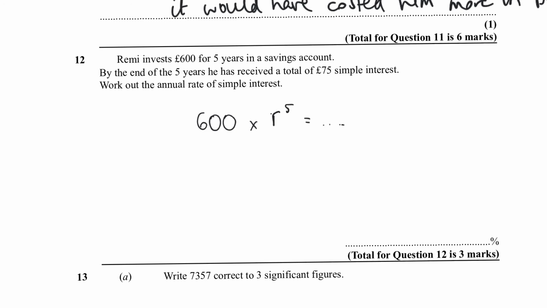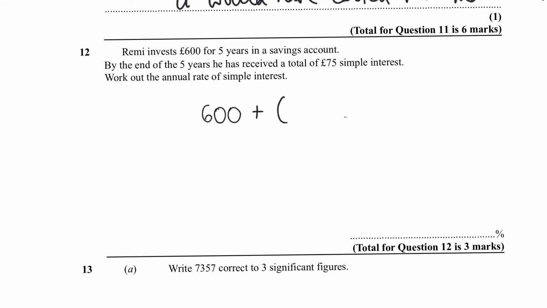But with simple interest, it would be 600 plus our rate, so the rate times 5 for 5 years. So that would give you a total of the 75 plus the 600, which is 675.